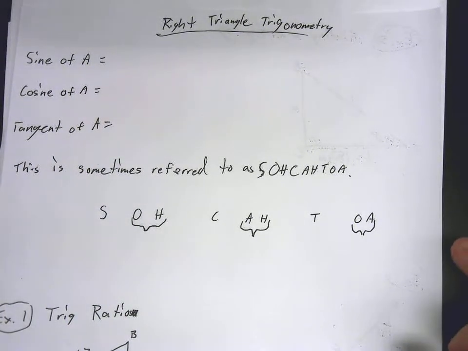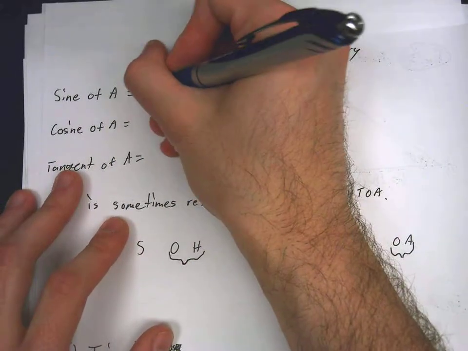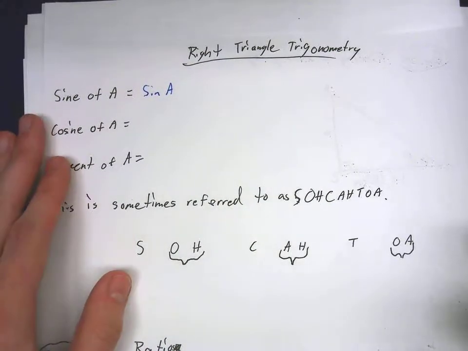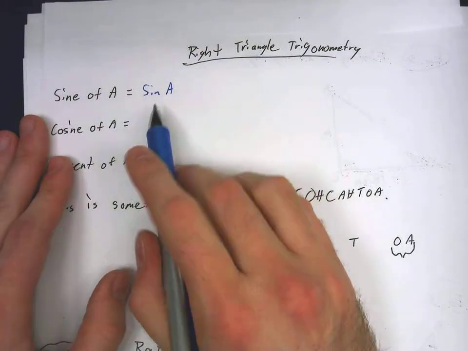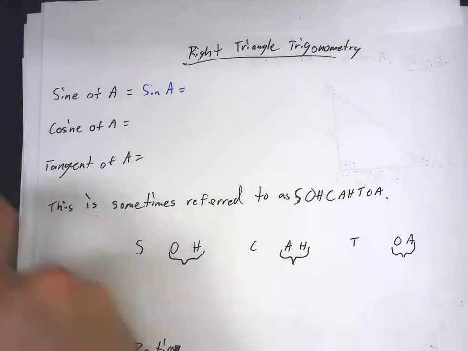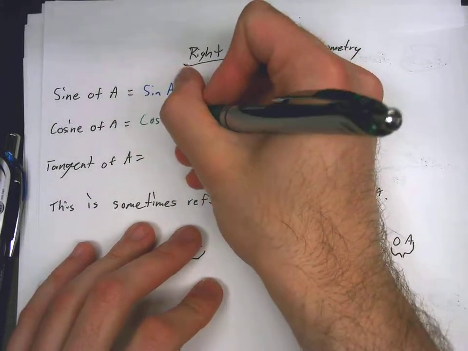Now, sine of A can also be written as sin, so it cuts it down to 3 letters. So this would also be sine of A. Cosine of A can also be cut down to 3 letters, where it's just cos.